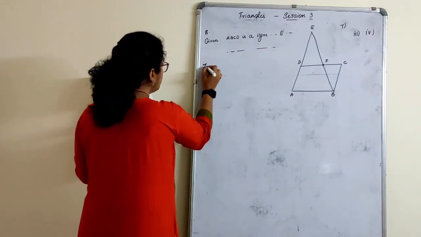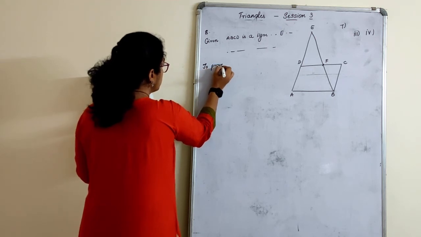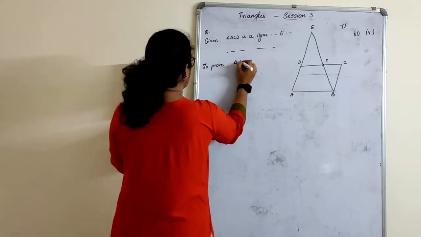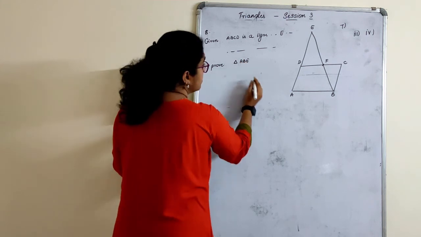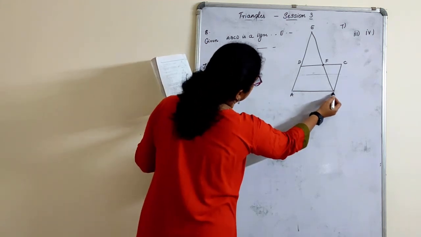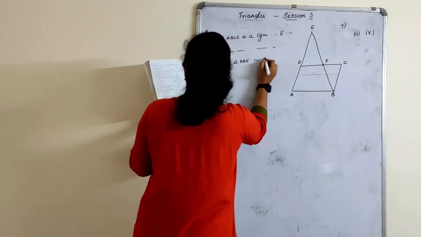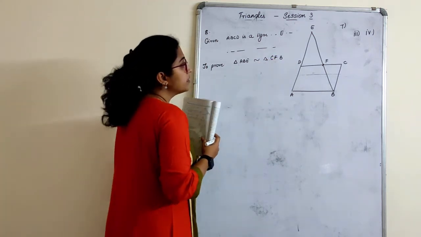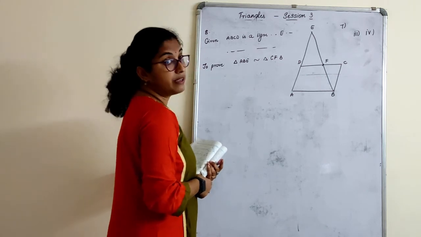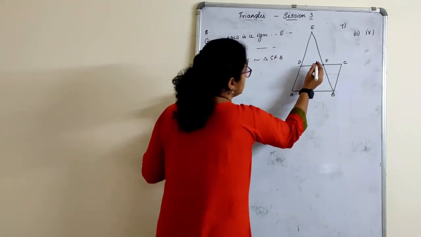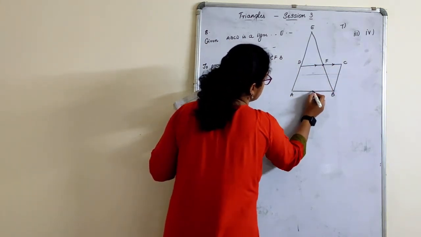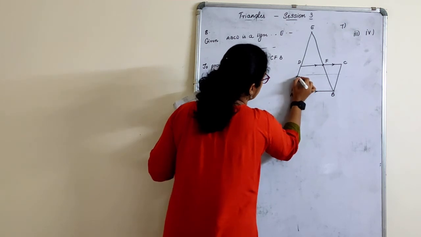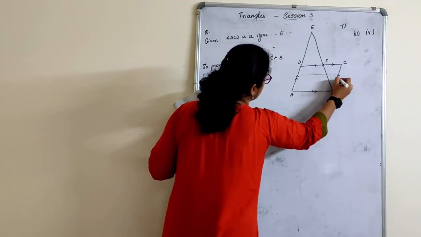To prove: triangle ABE, the bigger triangle, is similar to triangle CFB. The bigger triangle is similar to the smaller one we have to prove. Now, since it's a parallelogram, children, this is parallel. I will just mention. This is also parallel.